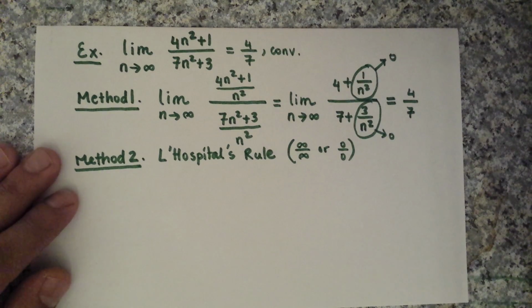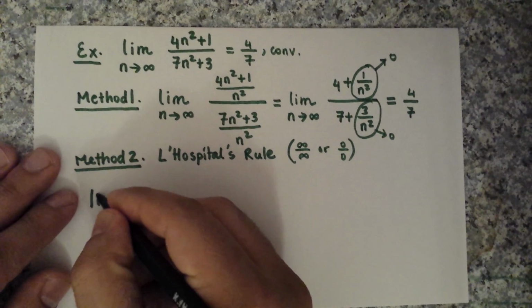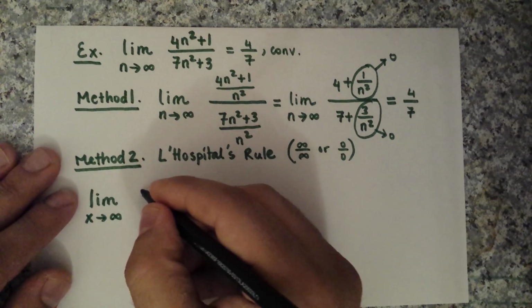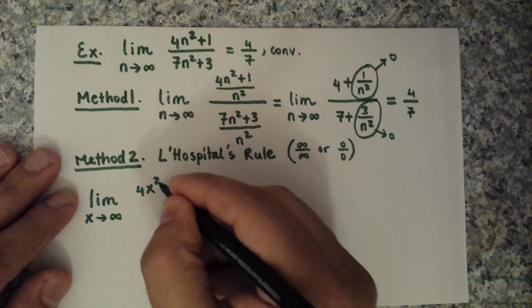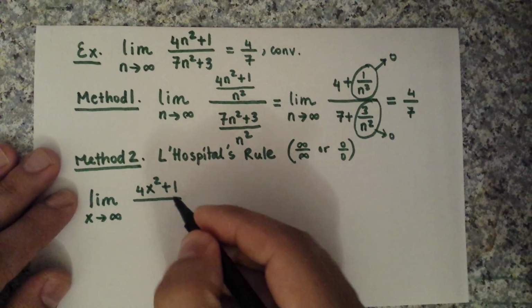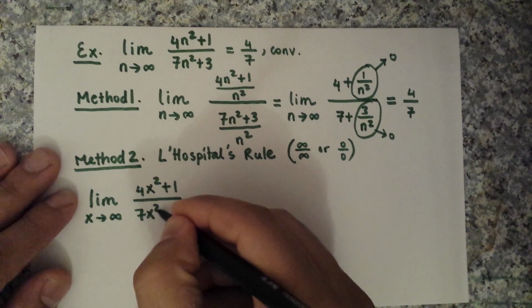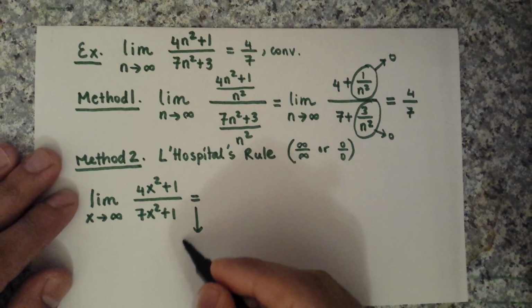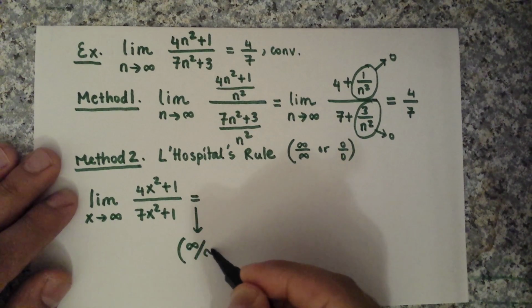And here, of course, we have sequences. However, by a famous theorem, you can evaluate the limit of the function as x goes to infinity of 4x squared plus 1 over 7x squared plus 3. You can see this is of type infinity over infinity.